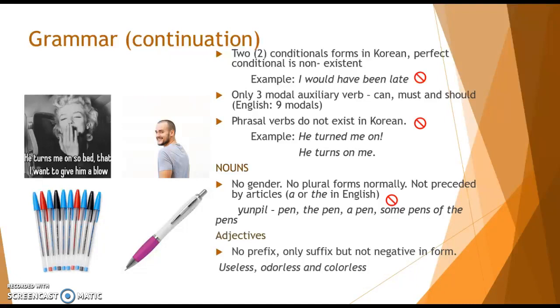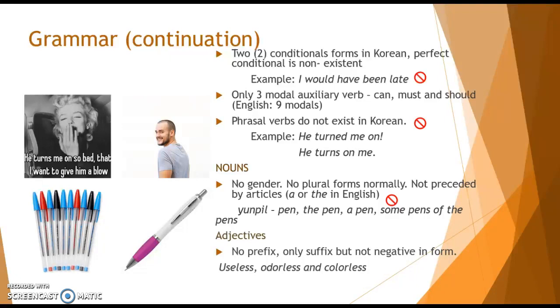For the nouns, there are no plural forms normally, and they are not preceded by articles a or the. So for example, yun pil could actually mean pen, the pen, a pen, some pen, of the pen.